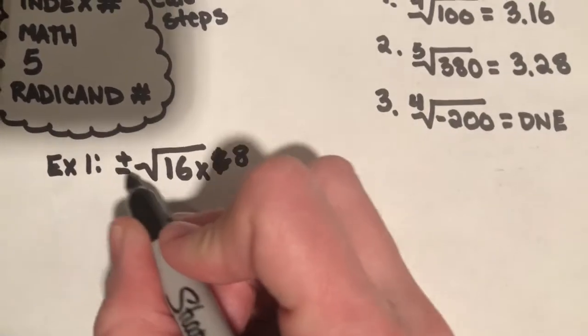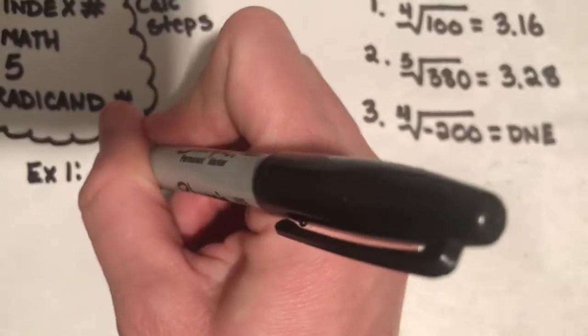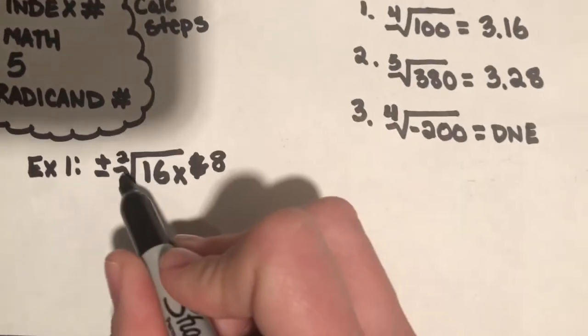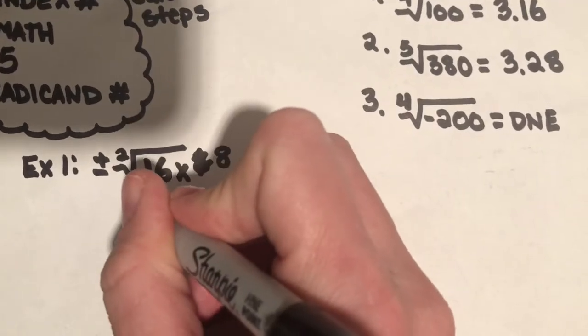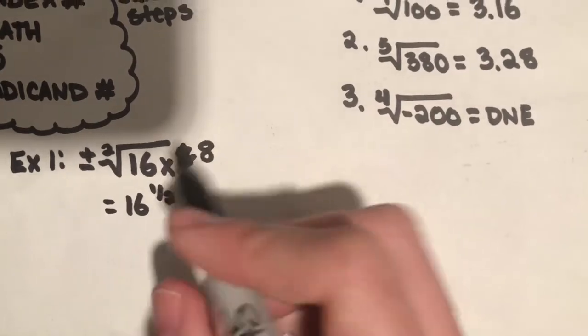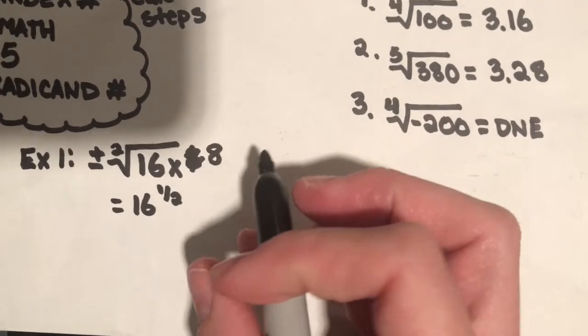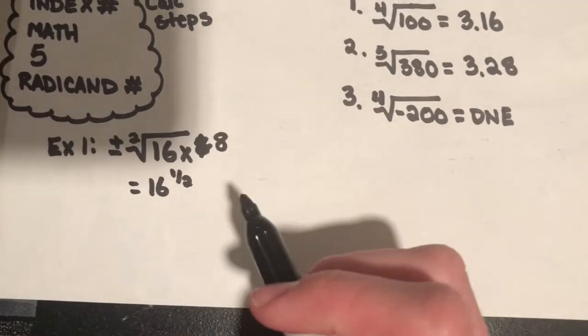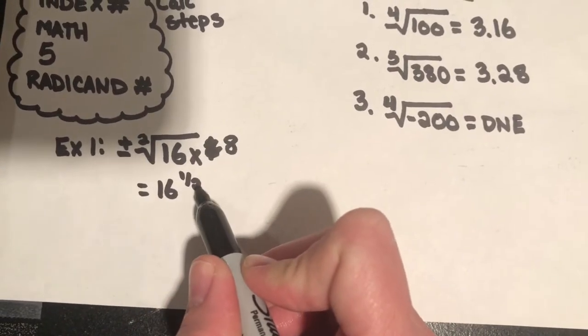Now, whenever you are taking both square roots, this is always an invisible 2 right there. So you're going to actually take 16 to the 1/2. Now, we all know what root 16 is. It's going to be 4. But just for the sake of actually showing how this works, we're going to do 16 to the 1/2.